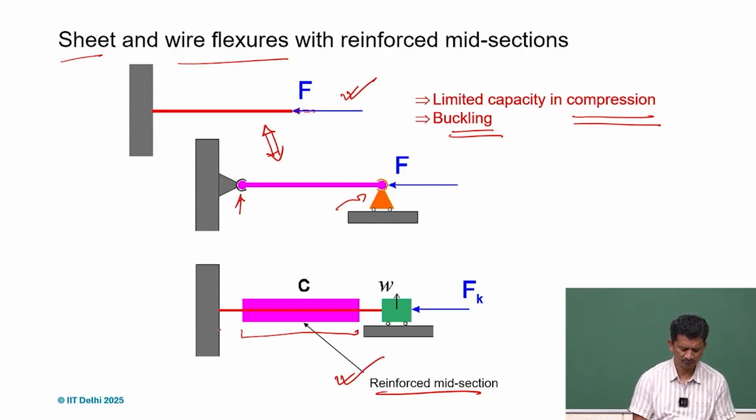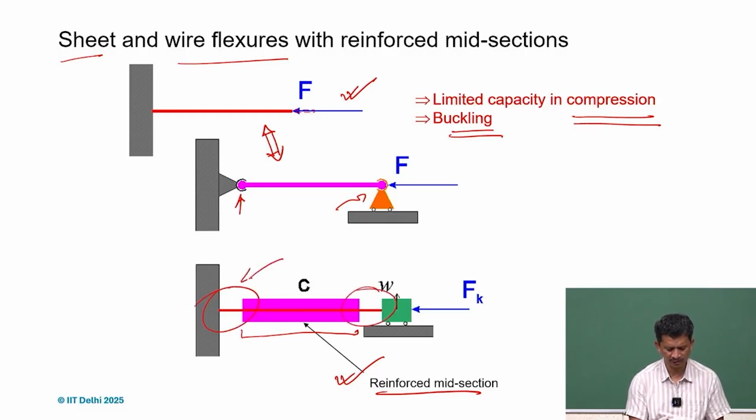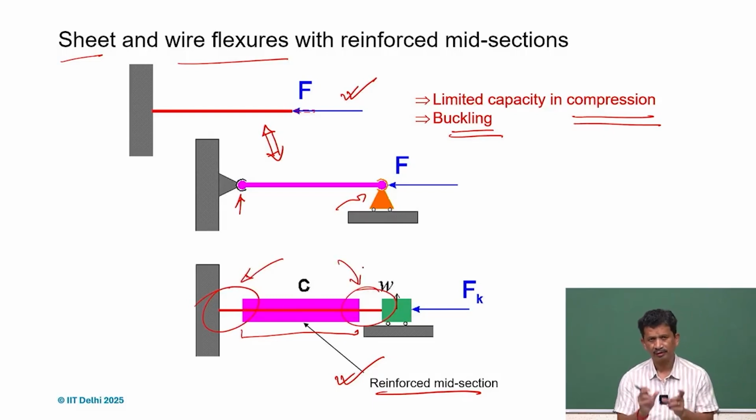In this arrangement, the stiffness is governed by the sections left on either end, and the middle section will have some impact. We'll try to learn how it affects the performance.